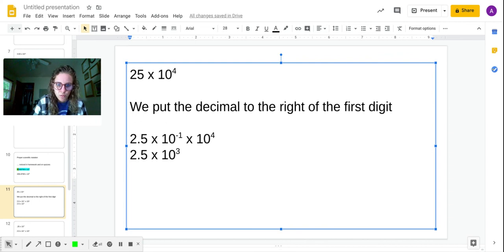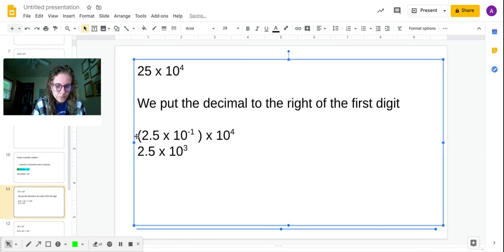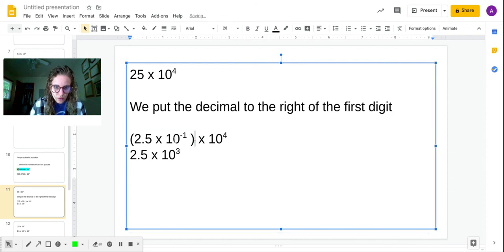So basically, this little number right here is the same as this. Okay, these two are equivalent, right?